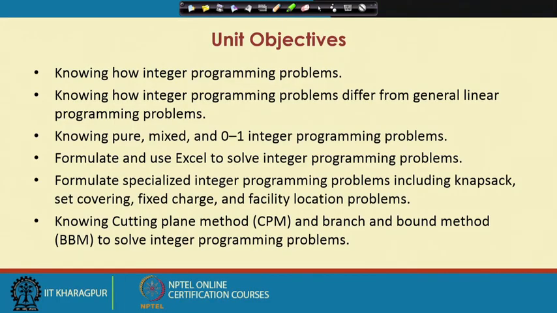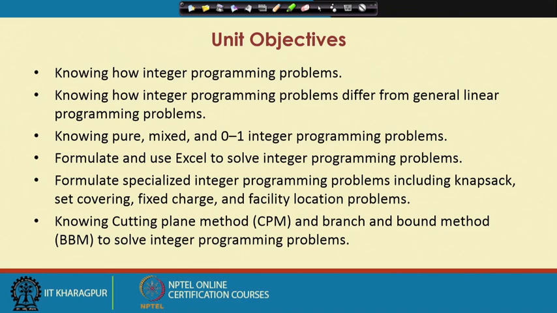Now, knowing how integer programming problems differ from the general linear programming problem, in the case of integer programming we can have three different structures. One is called pure integer programming, the second is called mixed integer programming, and then 0-1 integer programming, a binary structure, the way we discussed in predictive analytics, where we have the linear probability model or binary choice models where the values of the decision variable will be 0-1 only.